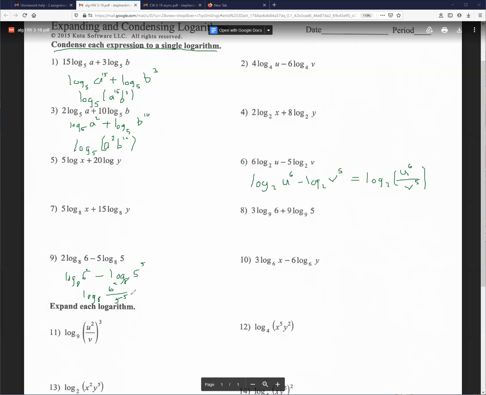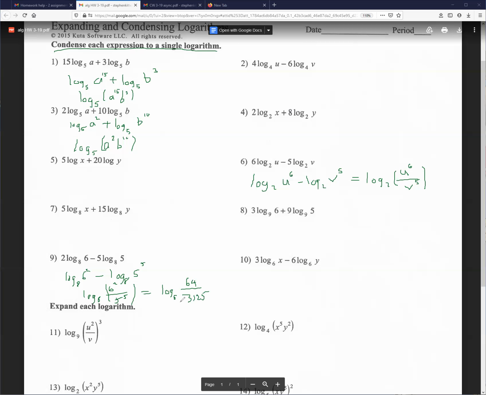Now, why am I doing this one as opposed to some of these others? Because we know what 6 squared is, and we can figure out what 5 to the 5th is if we're really determined. So this is log base 8 of 64 over 3,125. And so that's the answer I would give for that one.